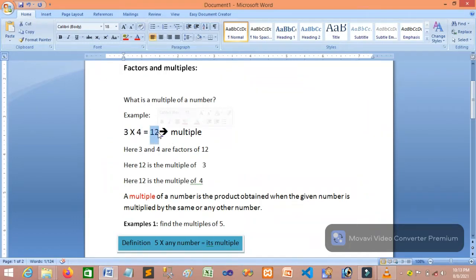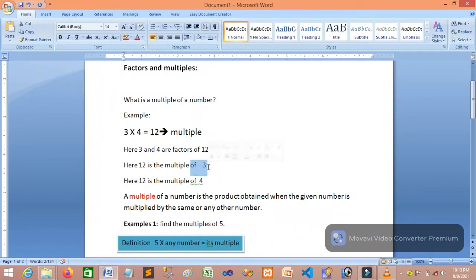So each number has a separate name. In this case 3 and 4 we call factors. Then when we multiply, we get a product, and that product we call a multiple. So that's the definition: a multiple of a number is the product obtained when the given number is multiplied by the same number or any other number.